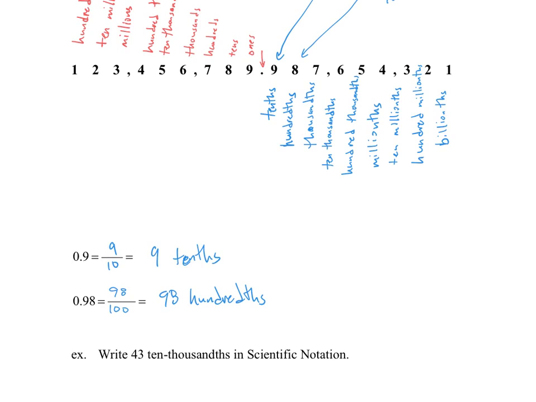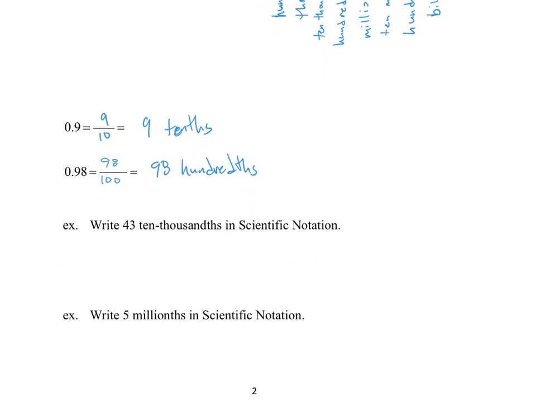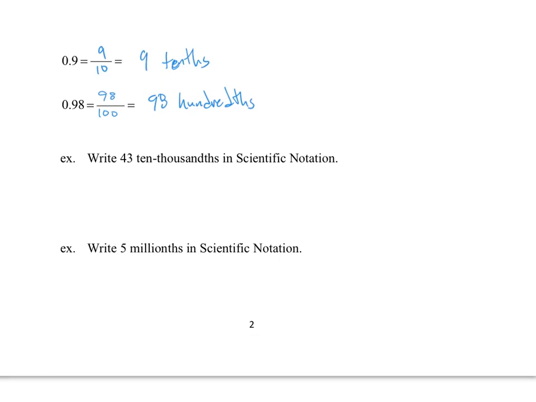If you run into one that says write this number in scientific notation, I don't always remember where these decimal places are. Like the other way is much easier for me. So it's a good idea to think about this. There's the decimal.